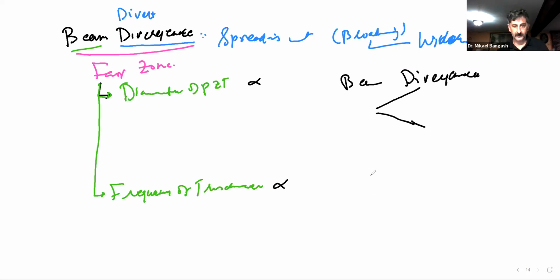And likewise, the frequency of the transducer also has a relationship to the divergence of the beam.